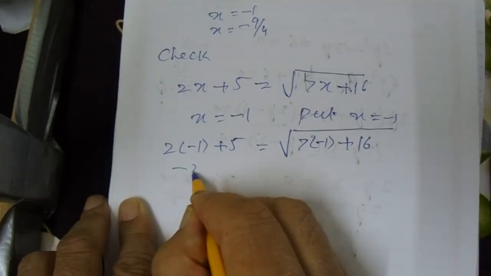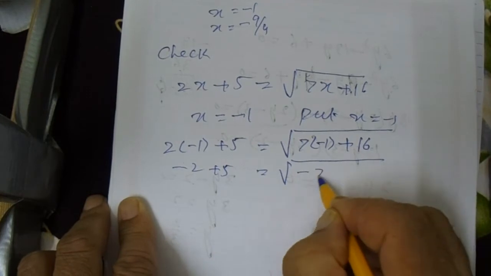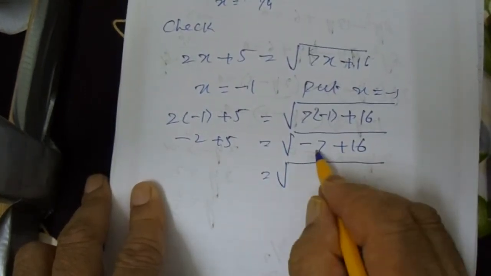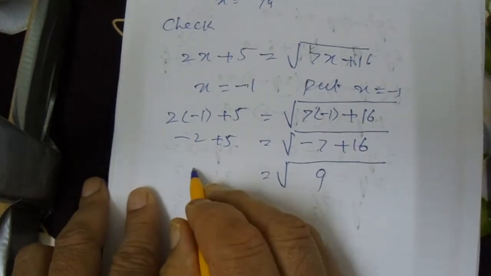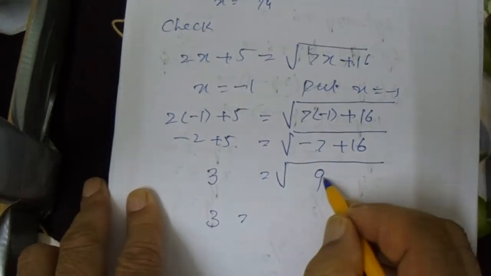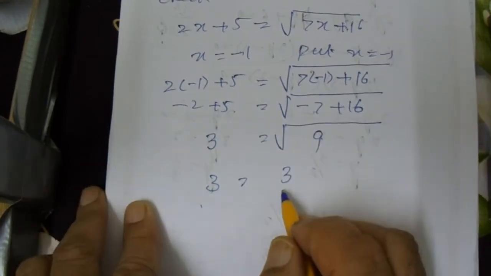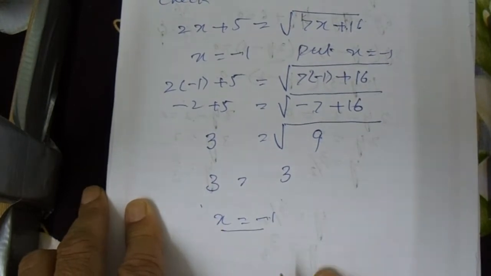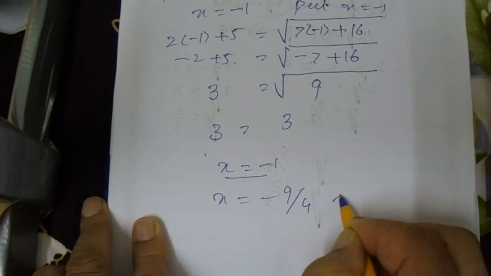Here minus 2 plus 5, and minus 7 plus 16 we get 9, and on the left side the remaining is 3. Now 3 is equal to the square root of 9, which is 3. Left hand side equals right hand side. Now x is equal to minus 1 is a root.